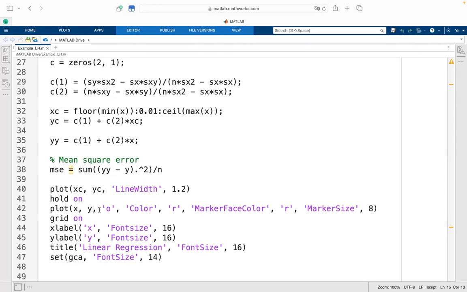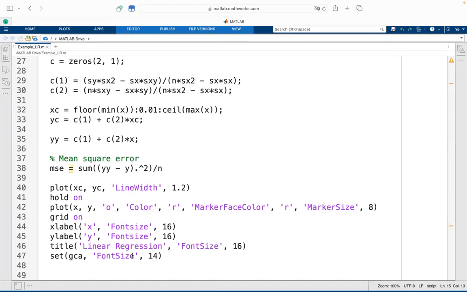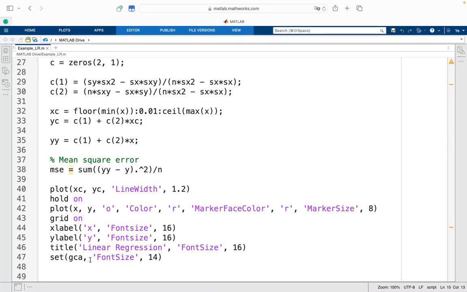So X, comma Y, o for the circle, color red, marker color also red. So this is the solid square. The marker size is just 8. Then xlabel, ylabel, we used before, title, so linear regression with font size 16, the same as before, then set gca font size 13.